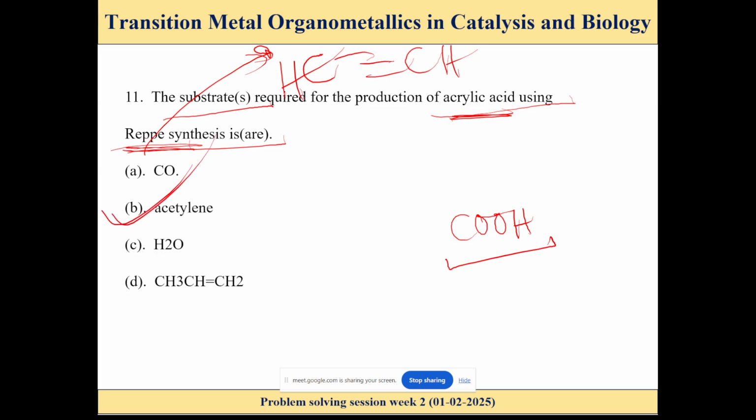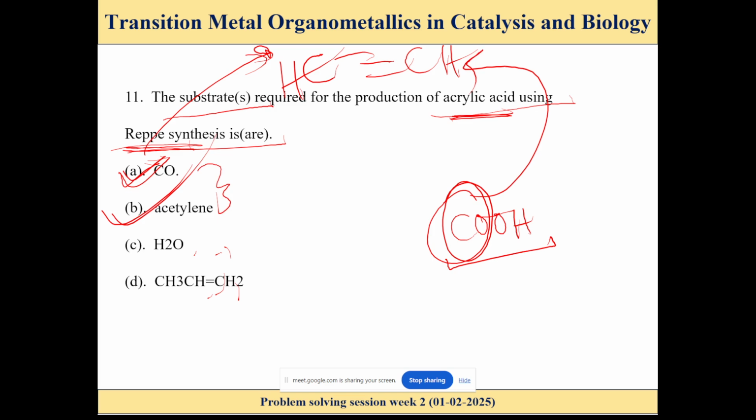Now how many carbons does acetylene have? 2. Acrylic acid has how many carbons? 3. So the other carbon will come from where? From the other available substrate, that is CO, because the other two substrates do not contain a CO. This CO should go here. So CO and acetylene are required.